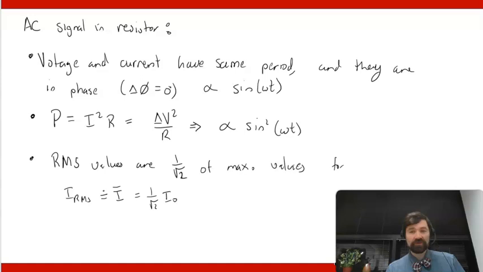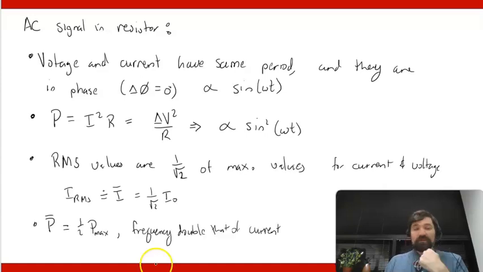This is for current and voltage. For power, the average power delivered is half of the maximum power delivered, and the frequency is double that of the current.